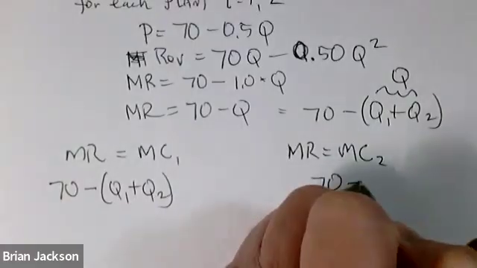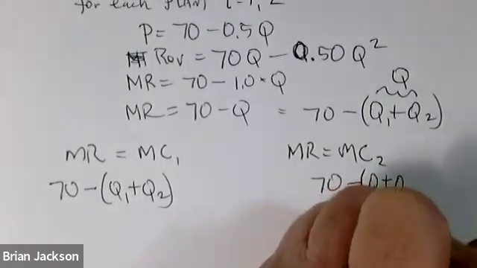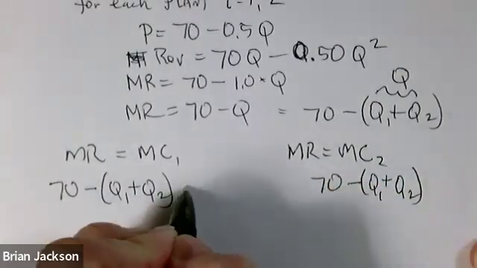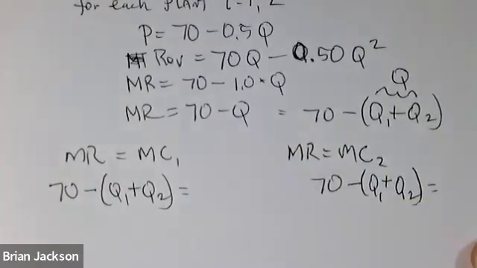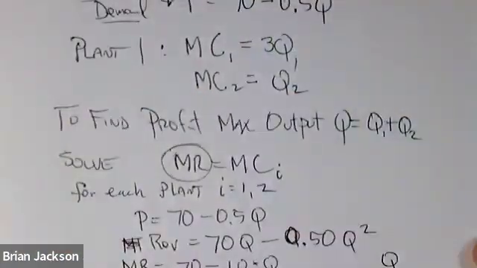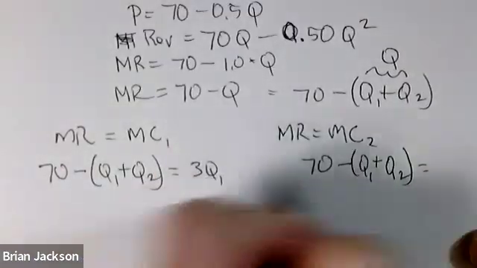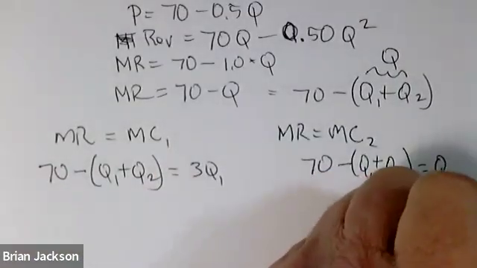It's also marginal revenue over here. And then we set this equal to the marginal cost, given up here, 3Q1 and Q2. So I'm just going to put a 3Q1 and a Q2 here.